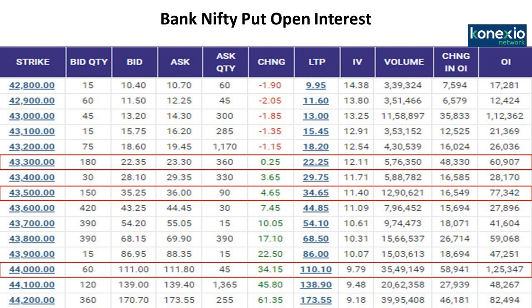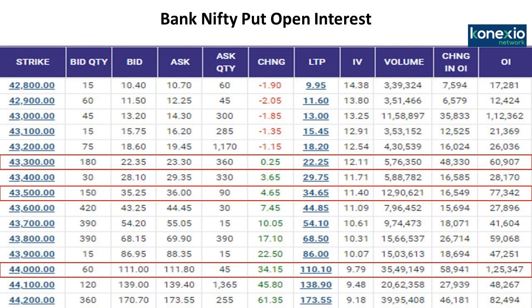Here you can clearly see there has been a slightly positive change in the option premium. That means the smart money might have started buying some out of the money puts from these levels. But looking at the volume and open interest concentration, we feel that immediate support is placed around 44,000.